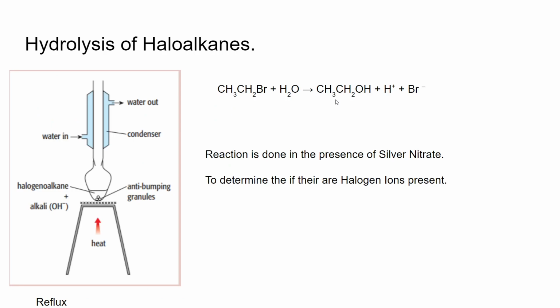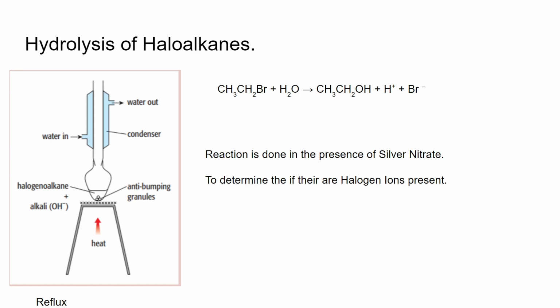The next type of reaction is known as hydrolysis of haloalkanes. Hydrolysis of haloalkanes is done under reflux. Reflux is essentially a way of adding heat to the reaction to make sure we have enough activation energy for it to go forward without losing all of our products.